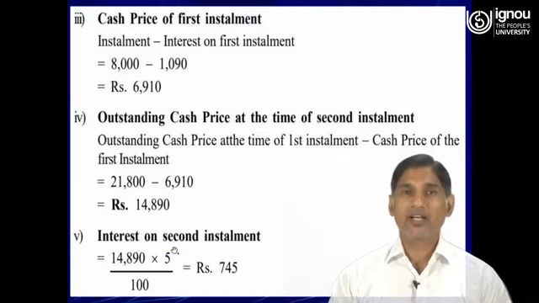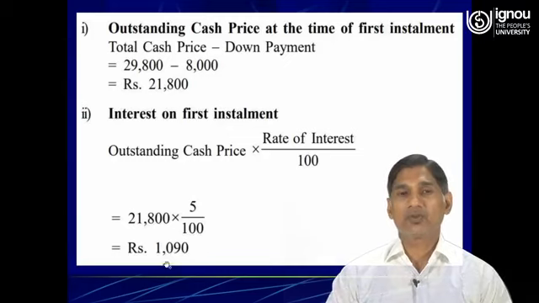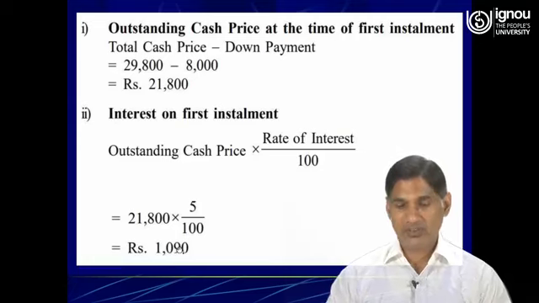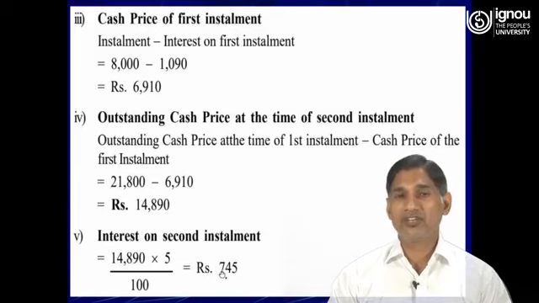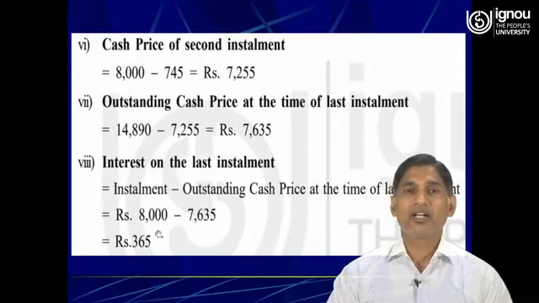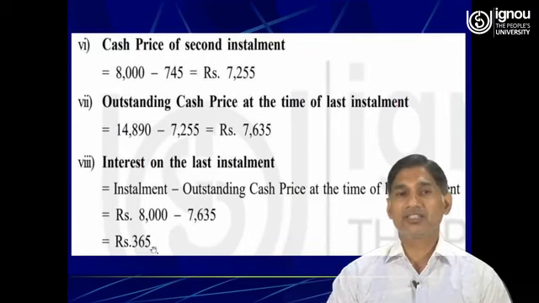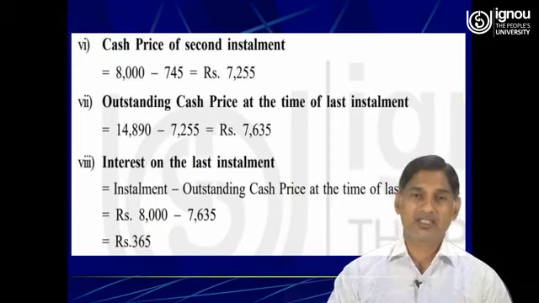So if we go back, we can easily come to know that the amount of interest, rupees 1,090, is included in the first installment. Then in the second installment, 745 is the amount of interest. Then the third one, 365, is the amount of interest included in the last installment.